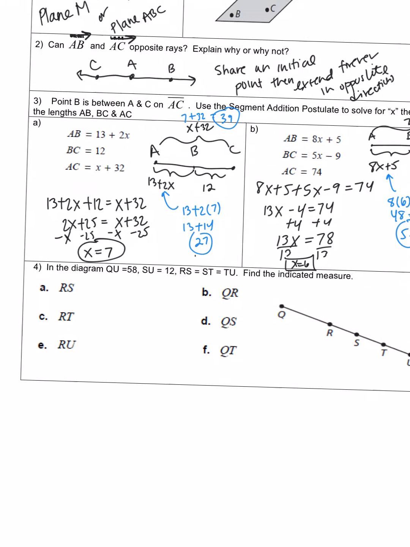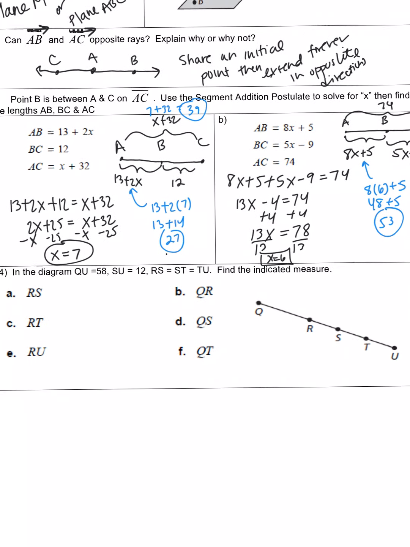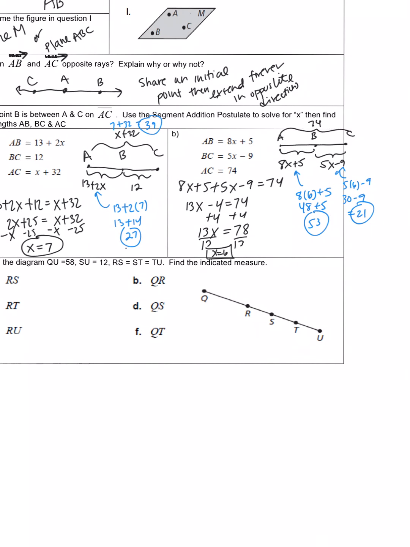All right, number 4, in the diagram, let's label this stuff up. From Q to U, the full line, has a value of 58. S to U equals 12.